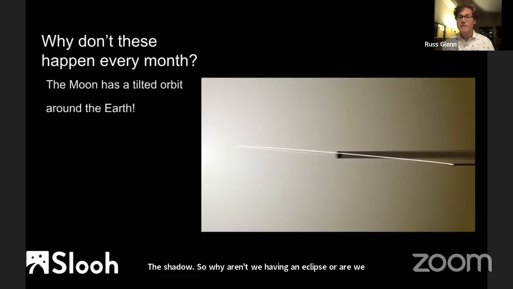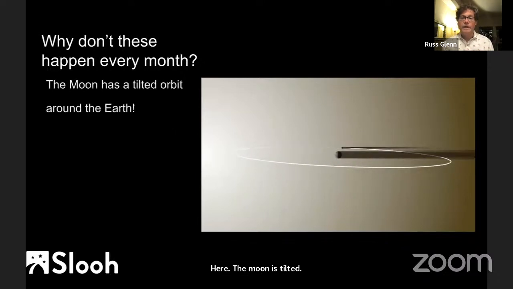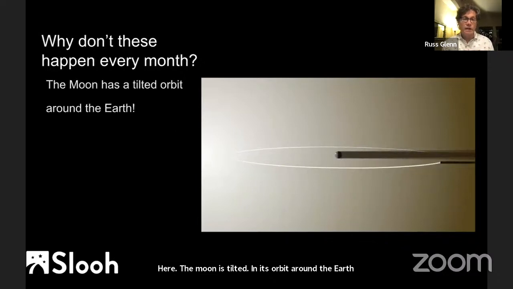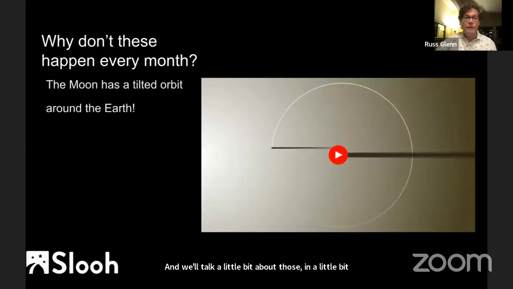And then, we can see that we actually have a tilt here. The moon is tilted in its orbit around the Earth. There's obviously all these gravitational wobbles going on. And we'll talk a little bit about those in a little bit, but that tilted orbit means that we don't get an eclipse every month.